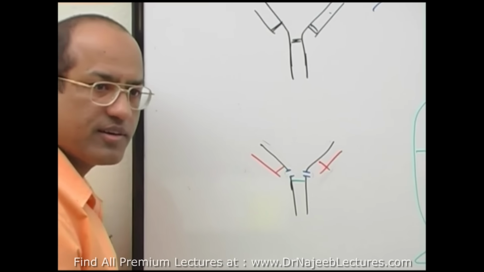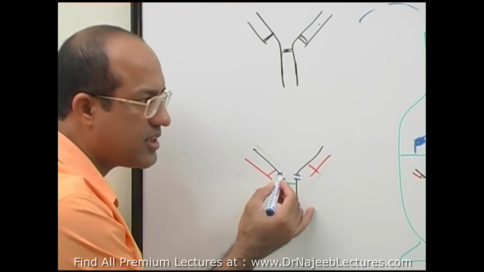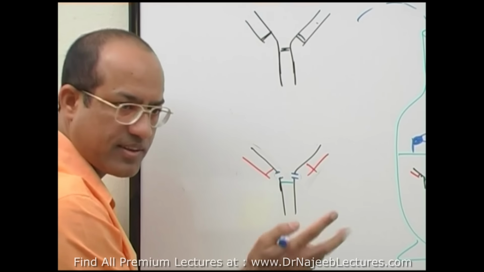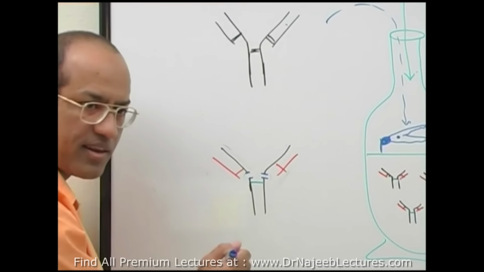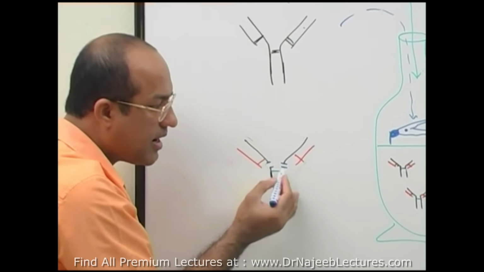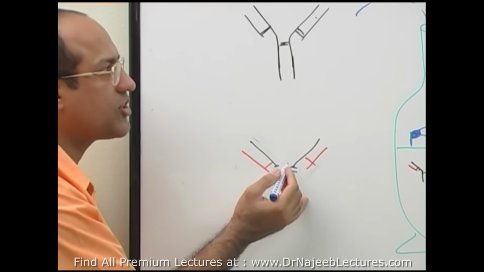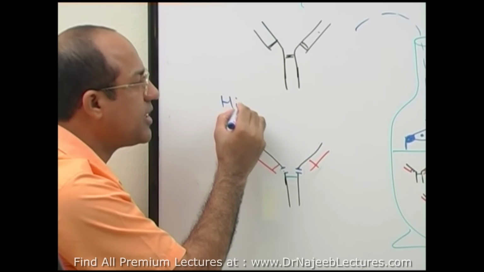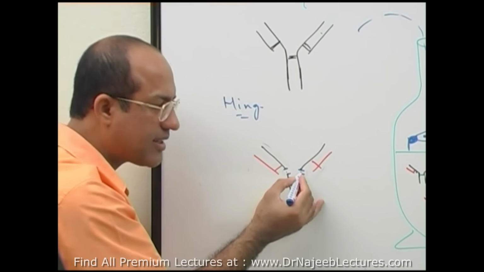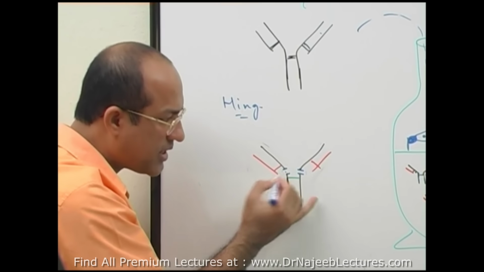It digested the antibody molecule. Antibody is a protein that was digested by this papain. Papain is an enzyme which attacked this region. This is called the hinge region, H-I-N-G-E. It attacked the hinge region and digested from this point and this point.